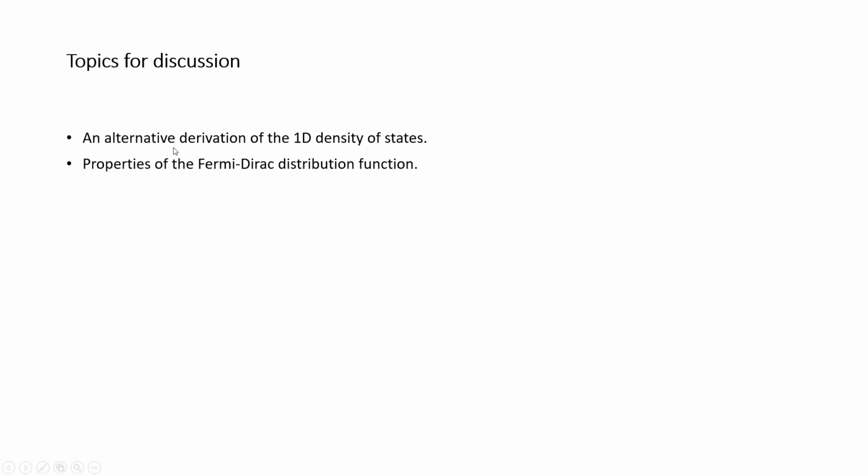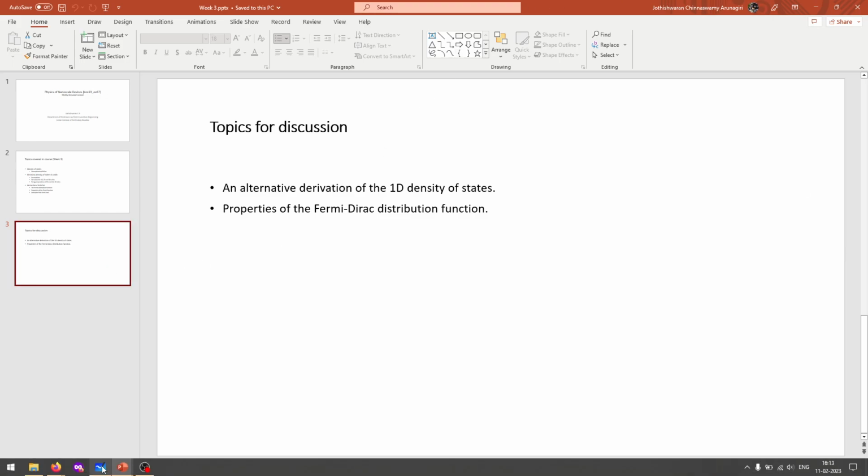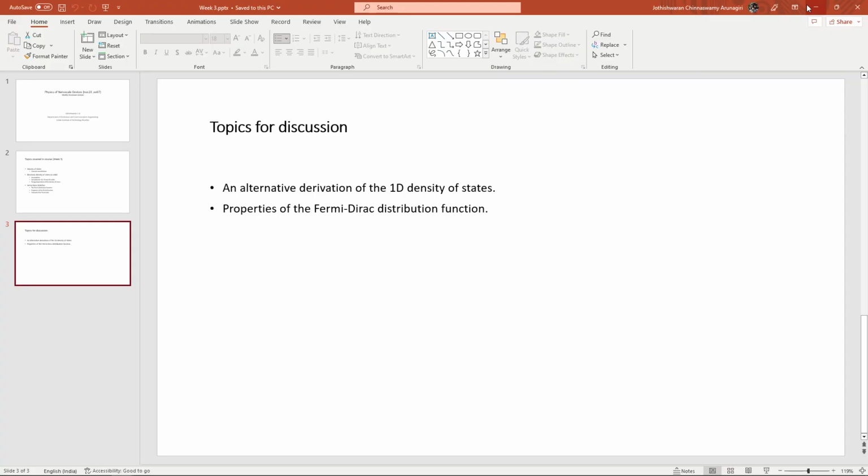After that, we shall work out some problems which will help us understand the property of the Fermi Dirac distribution function. These are the two topics we shall cover today. With that, let us get started.